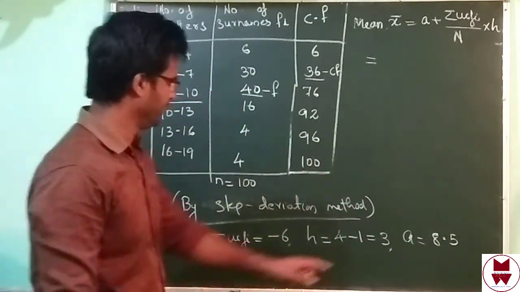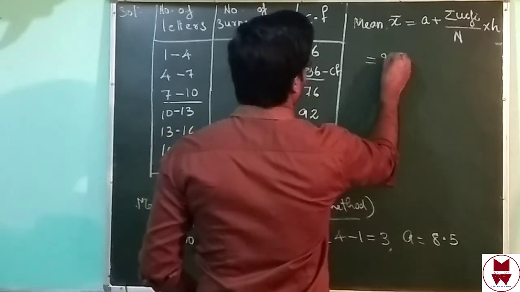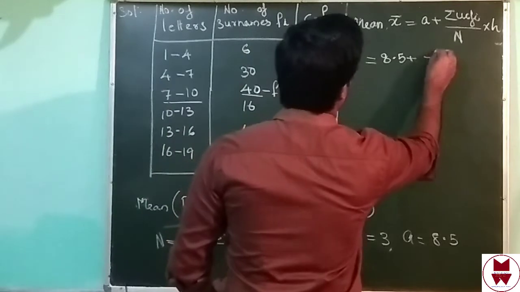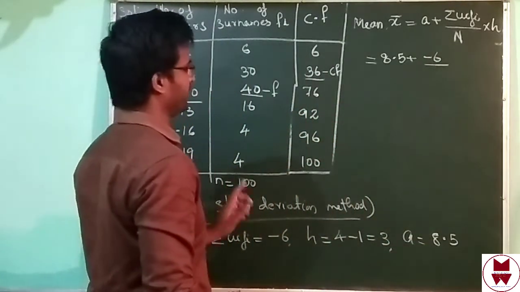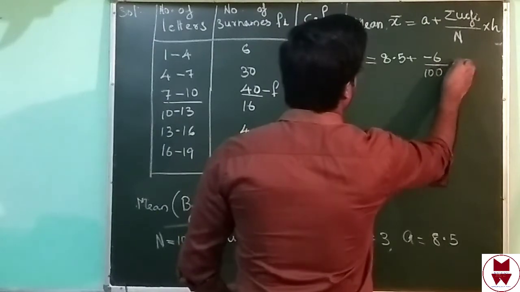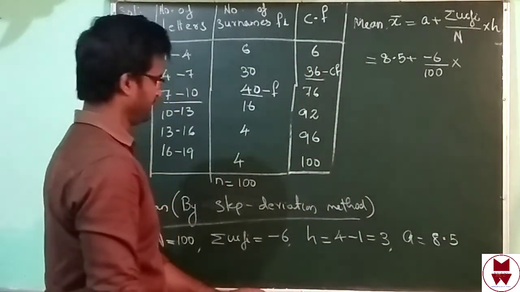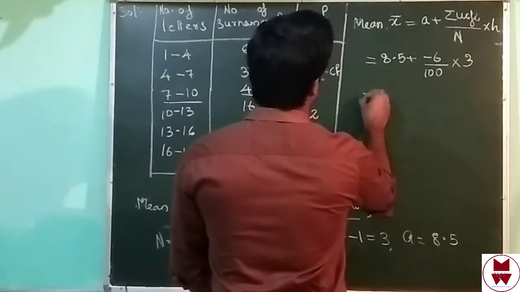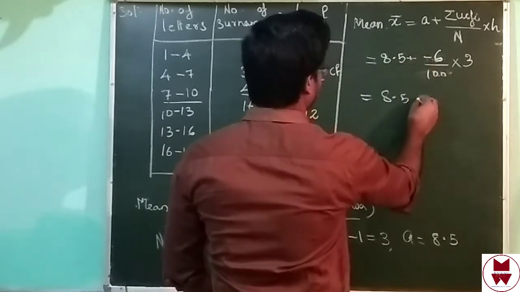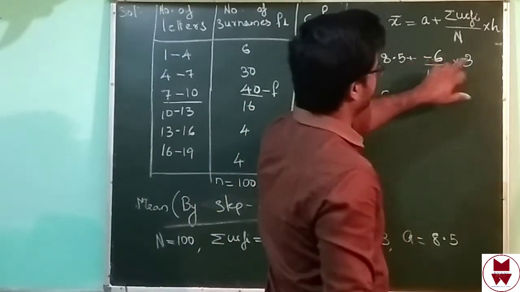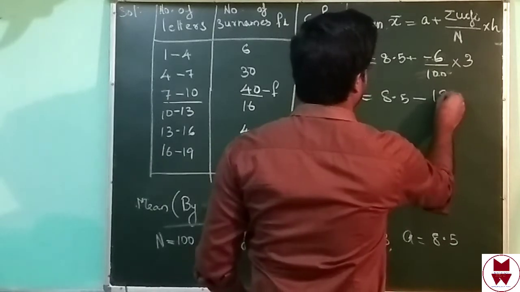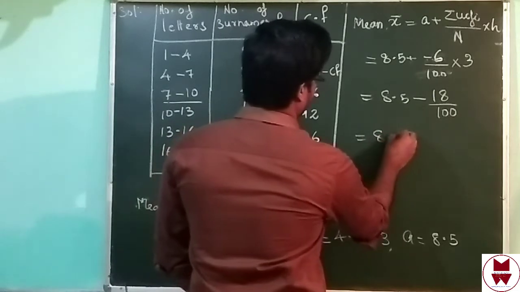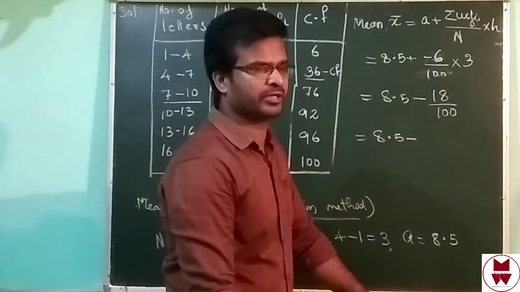A in here we took 8.5. 8.5 plus sum of uifi, that is minus 6, divided by N. N in here is 100, into H. What is H? H in here we already wrote 3, isn't it? 8.5 plus minus 6 into 3, you will get 18 divided by 100. Then 8.5 minus 18 divided by 100.